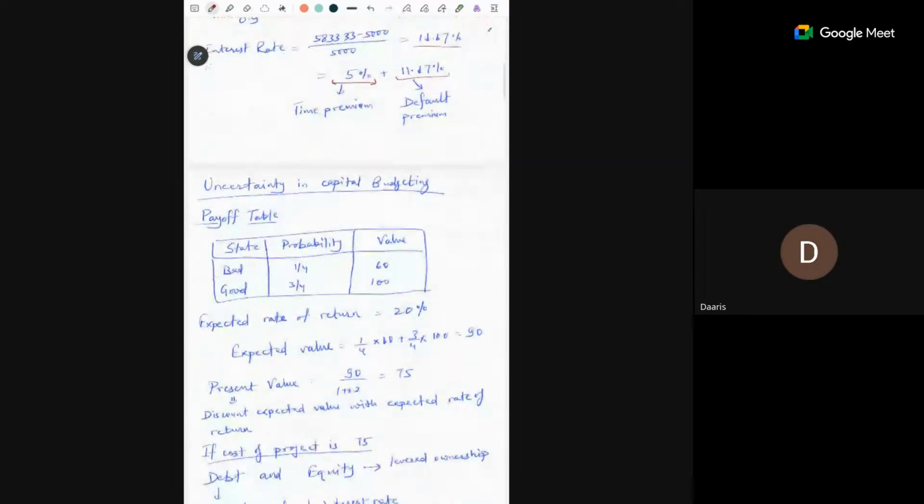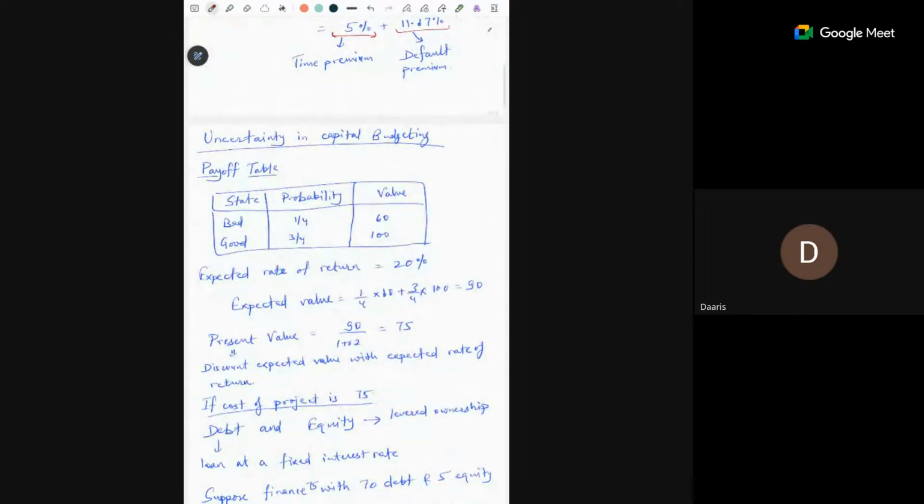Now we get back to our discussion of capital budgeting, which we did in week 3, and here we are introducing uncertainty in capital budgeting rules. In the case of uncertainties, different situations are represented in the form of a payoff table. So how do we read these payoff tables?